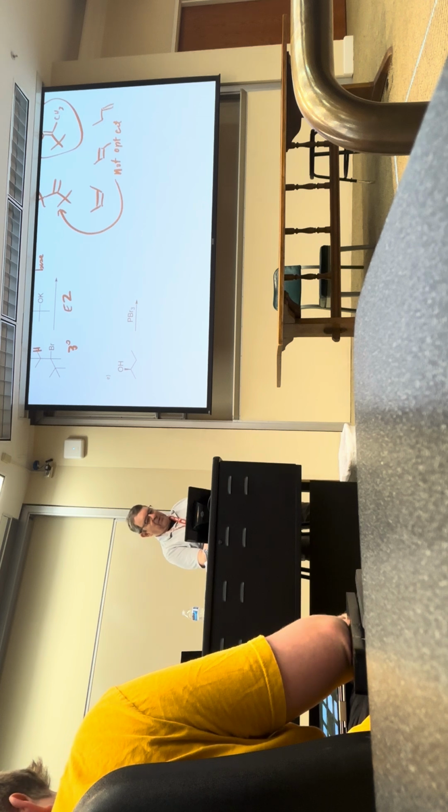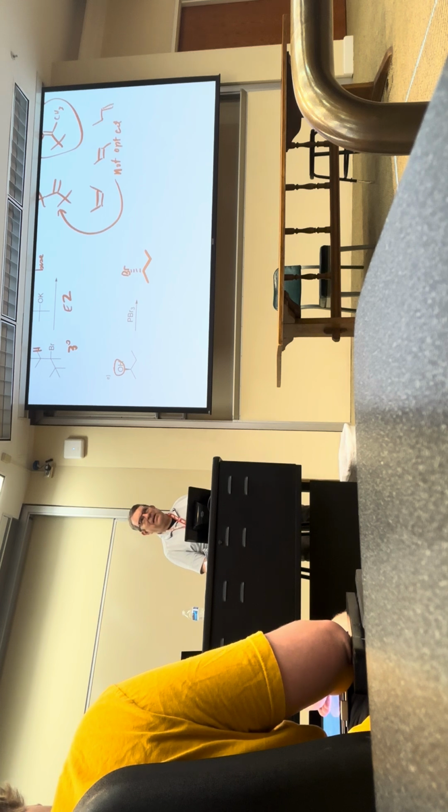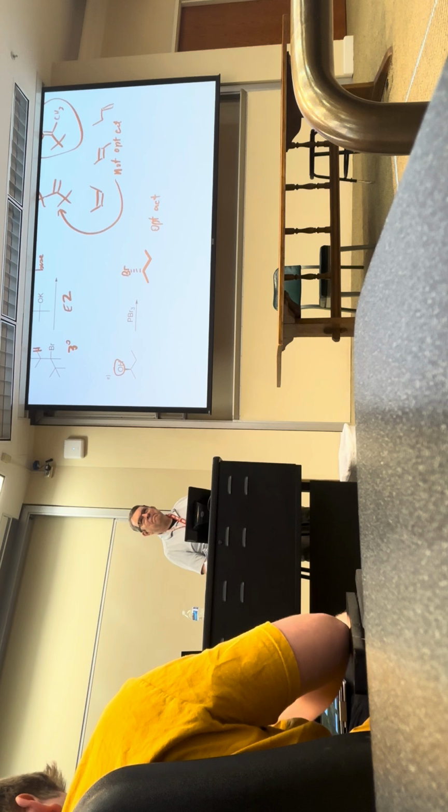You should remember that what this does is it replaces the OH with a Br, and it does it with inversion. So all you do is slap a Br on that that's coming from behind instead of in front, and you say it is optically active because it's inversion, and you're done.